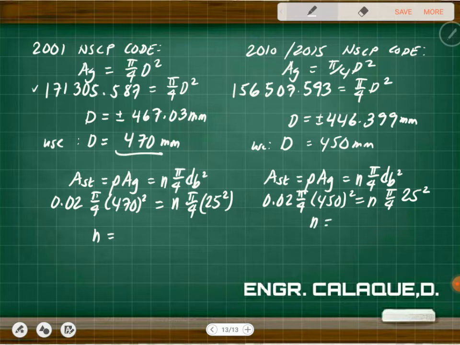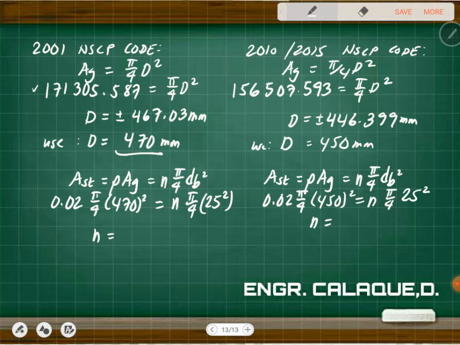So thus we have number of bars needed. Okay, so substitute ko na lang yan dito. So 0.02 times shift pi over 4. And then, gawin ko na lang alpha d. And then, number of bars, yun yung unknown. Times shift pi over 4 times 25 squared. Shift solve.